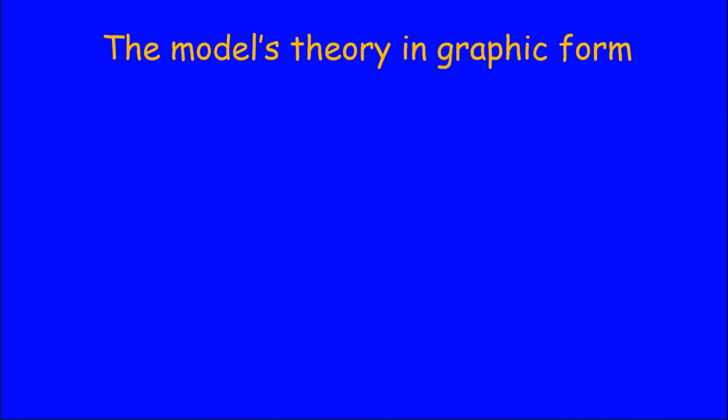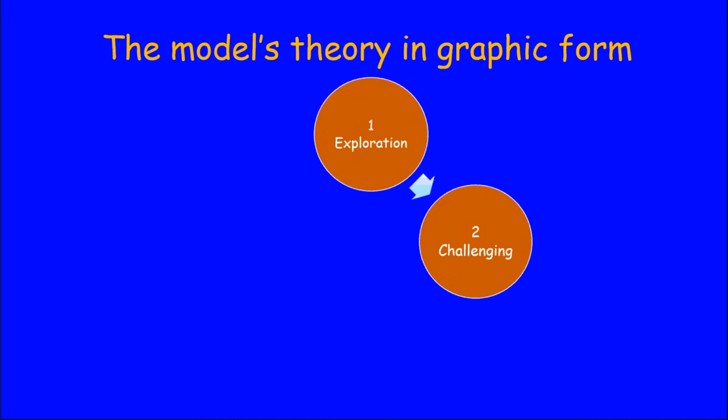So I'm going to show you again the model theory in graphic form, just to go over the structure and recap on what I've talked about today. So the exploration phase is very much about listening, using empathy, using attending skills, really listening to the client and trying to find their frame of reference.